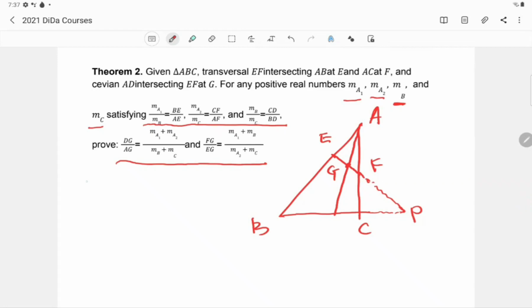I want to write in Chinese because that's more indicative, since the English word is too long to write. So with Menelaus, on triangle ABC with EFP as transversal.